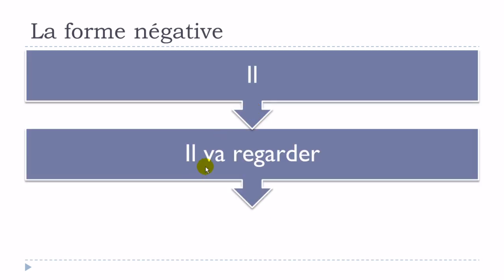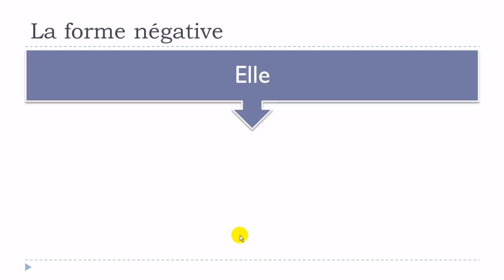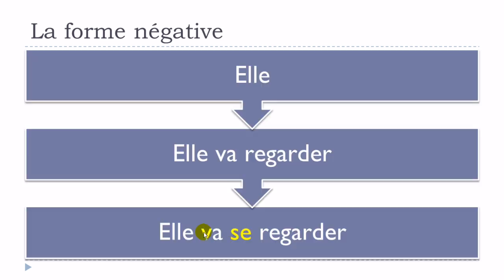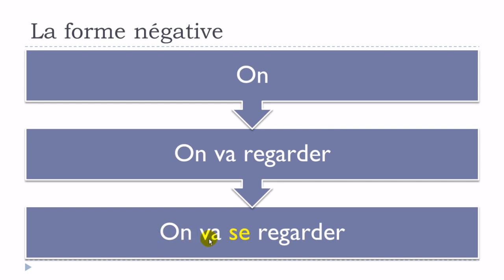Il va regarder, and good news for you, it's actually quite simple. Il va se regarder. Okay, so for the third person, it will be se. Elle va regarder, and then same thing, elle va se regarder, well, because elle is also the third person of the singular. And then on as well, on va regarder, on va se regarder.